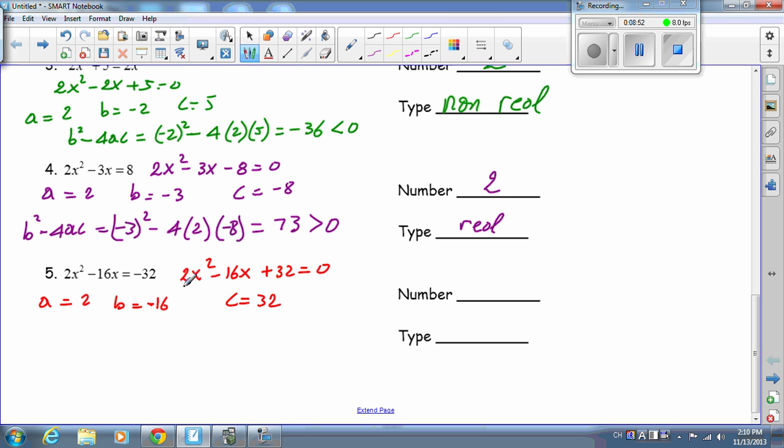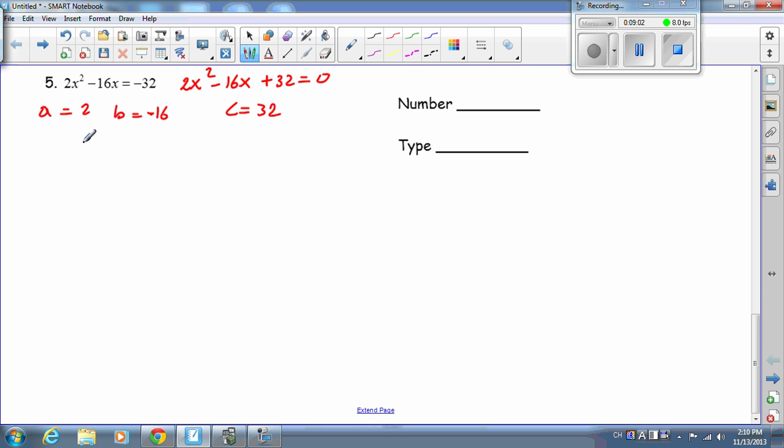You can do this, or you can divide everything by 2, which makes it way easier. But I will show you that you don't really have to divide everything by 2 because we can solve it anyways. So b squared minus 4ac is equal to negative 16 squared minus 4 times 2 times 32.